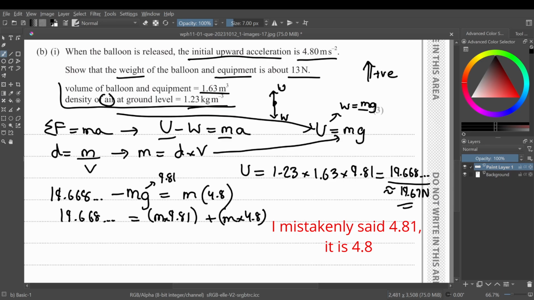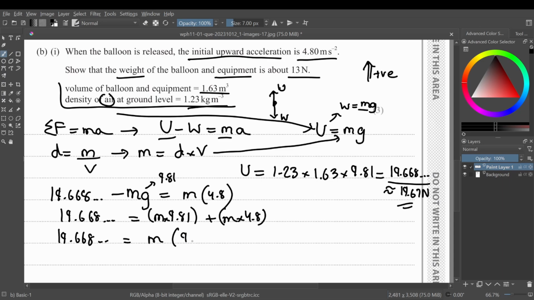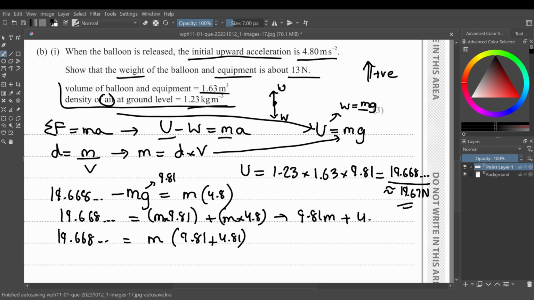Now you can take m outside the brackets. Basically you can take it out as a common factor, so it becomes 9.81 plus 4.8, so it's 9.81 m plus 4.8 m.